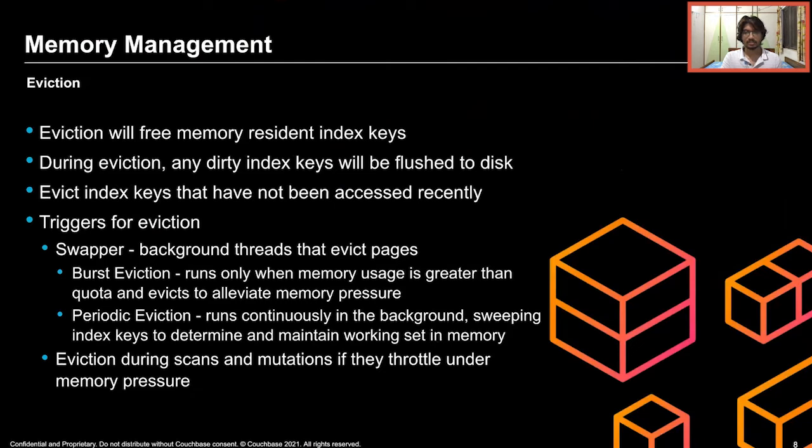Periodic eviction runs continuously in the background and sweeps index keys so as to determine and maintain the working set. The other trigger for eviction are the scans and mutations. If there is memory pressure, scans and mutations are slowed down and eviction is done to bring memory usage down.